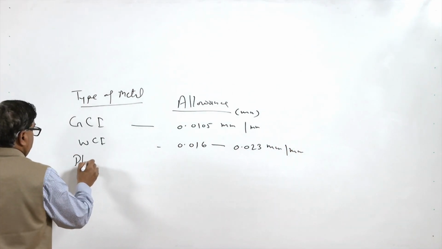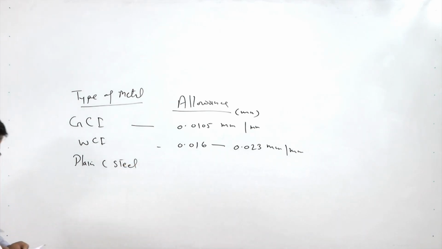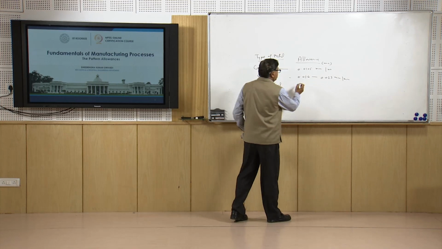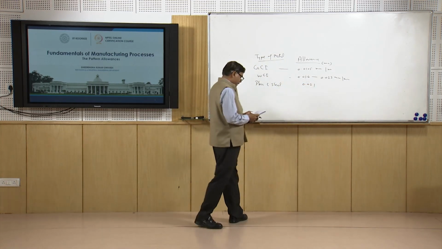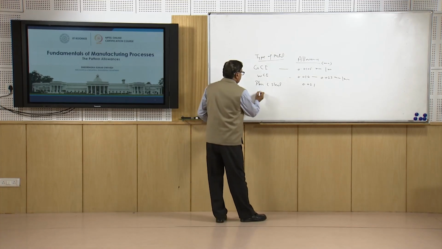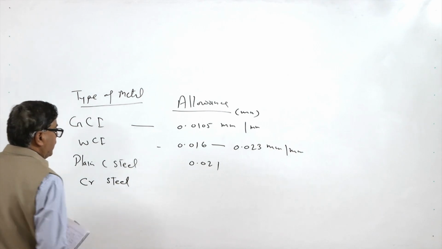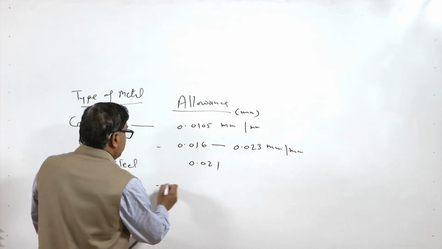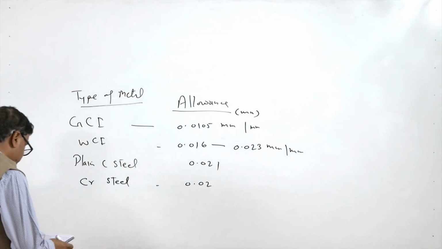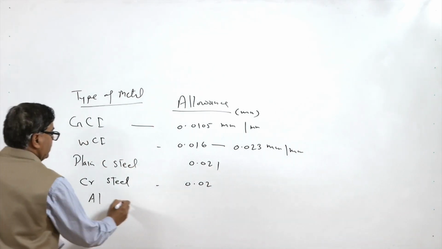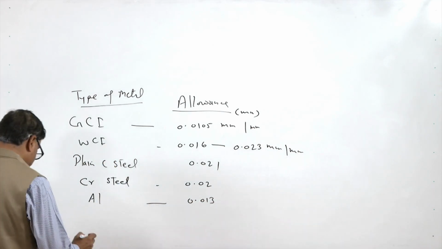Plain carbon steel is given as 0.021 mm per mm. For chromium steel it is 0.02 mm per mm. For aluminum it is 0.013.